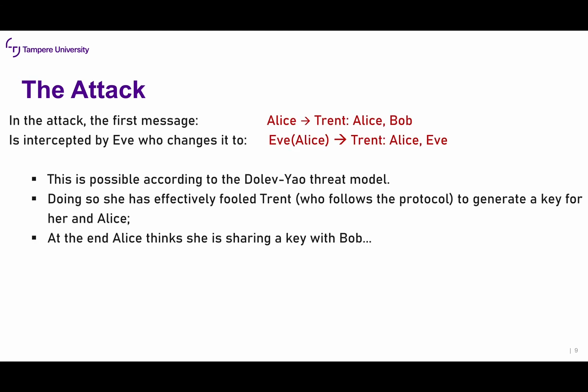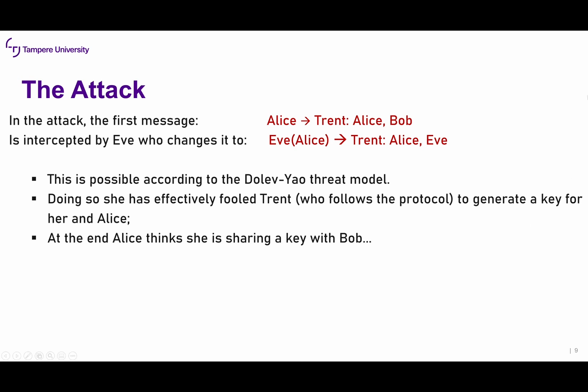In the attack, the first message that goes from Alice to Trent and says, "Hi, I'm Alice, I would like to communicate with Bob," is intercepted by Eve, who changes it to "I'm Alice and I want to communicate with Eve," right? This is possible, as we already said, according to the Dolev-Yao threat model, and doing so, she effectively has Trent, who follows the protocol, generate a key for her and Alice.